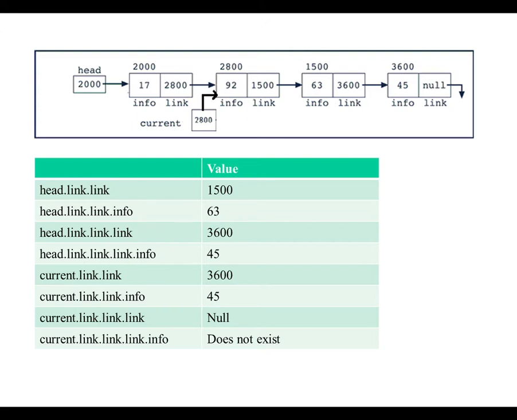Head.link.link.link is 3600. Head.link.link.link.info is 45. Current.link.link is 3600. Current.link.link.info is 45. Current.link.link.link is null. Current.link.link.link.info does not exist.